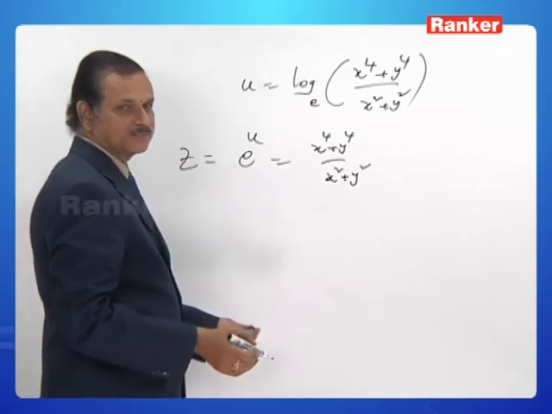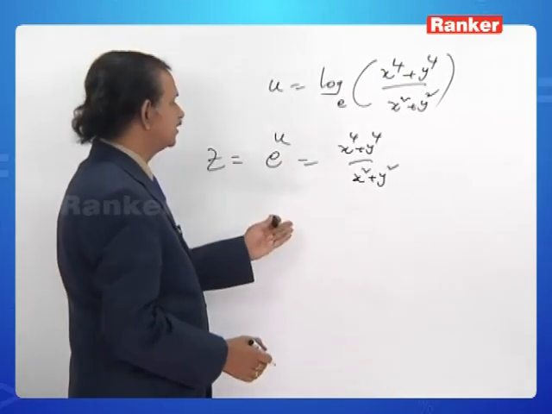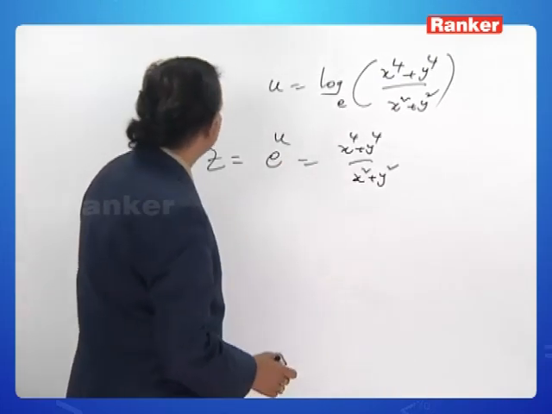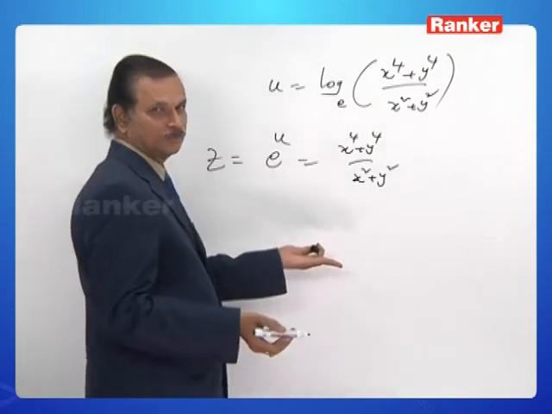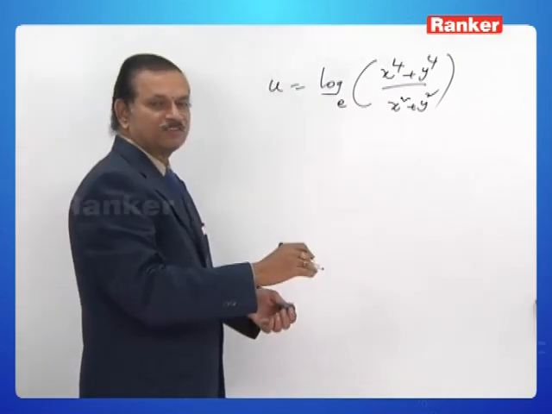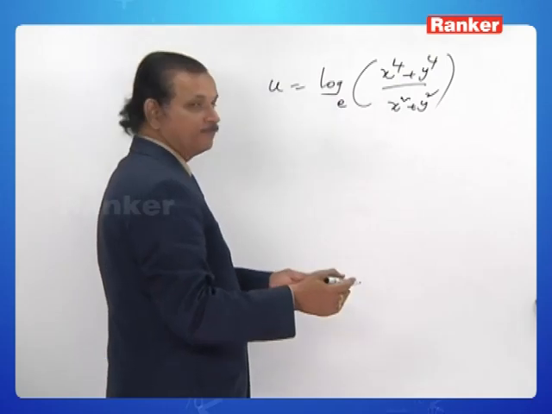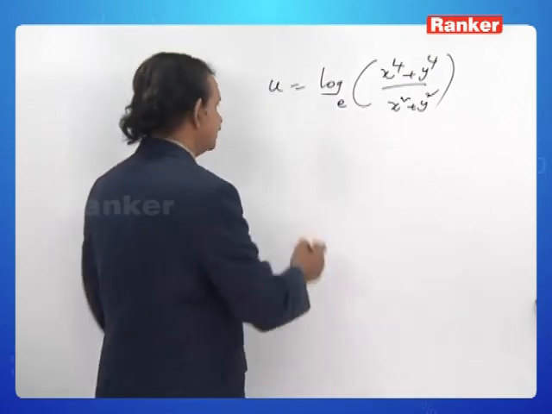Then x dou z by dou x, etcetera, is equal to 2z. 2z is nothing but 2 into e power u, by its derivative. It is logarithmic function. Its inverse is e power u. E power u derivative is e power u. E power u by e power u is 1. Since the degree is 2, the answer is 2u.